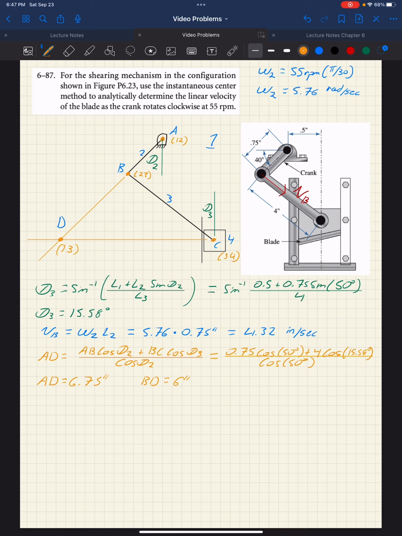It's easy enough to say that omega 3 is equal to the velocity at B divided by BD.